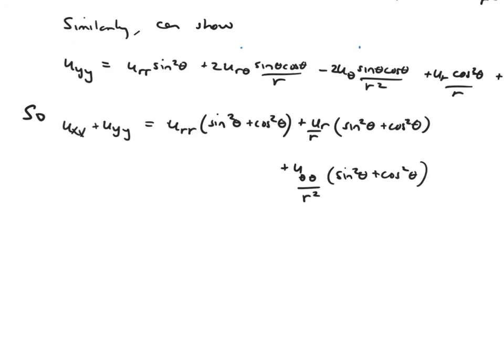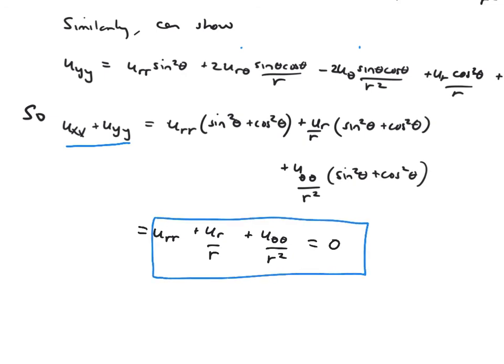So I get, finally, u sub rr times 1 plus u sub r over r, derivative of u with respect to r divided by r, plus u sub theta theta over r squared equals 0, because obviously Laplace: u sub xx plus u sub yy equals 0. That's the formulation. So it took a little bit of doing, but we got here. This equation is Laplace's equation in polar coordinates.